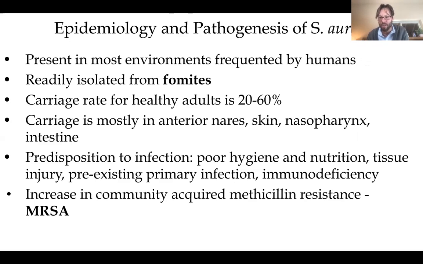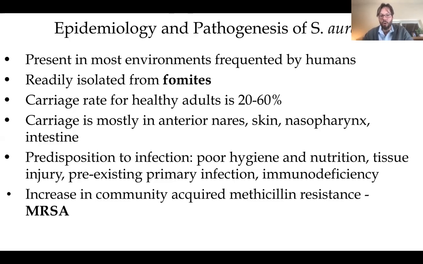So doorknobs are a fomite. Toilet flushing levers are good fomites. Things that we come into contact with our hands, and then it seeds our hands, and then we absentmindedly touch ourselves and then spread that around to other places.